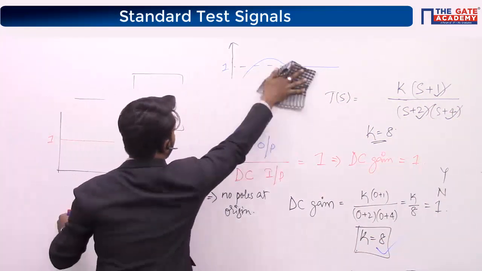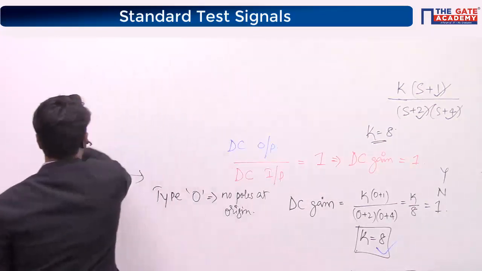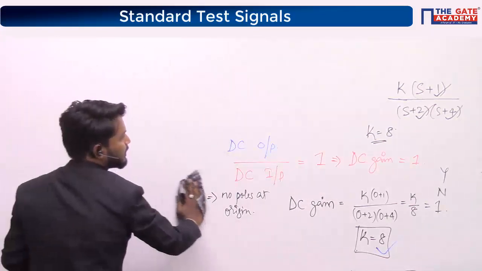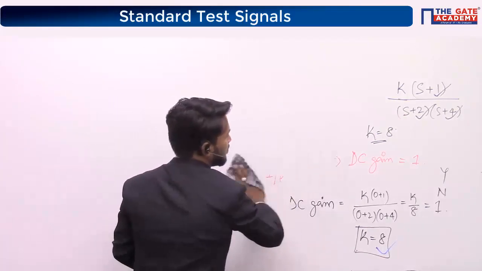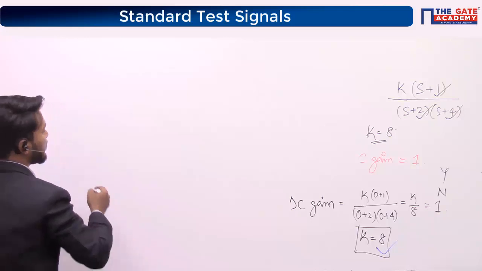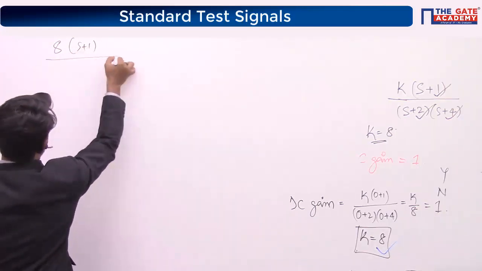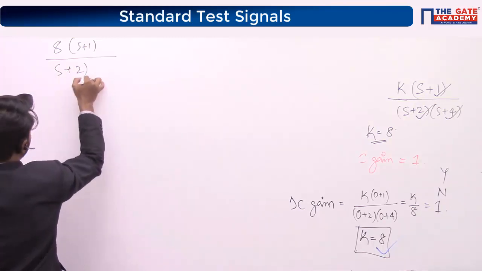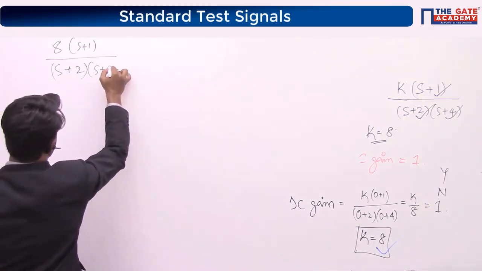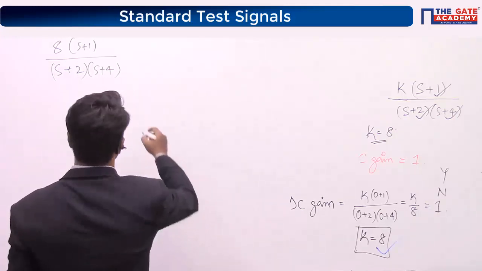So C should be your answer. Yes or no? So what is the transfer function? Transfer function is 8 multiplied by S plus 1 upon S plus 2, S plus 4. They are asking you the impulse response.